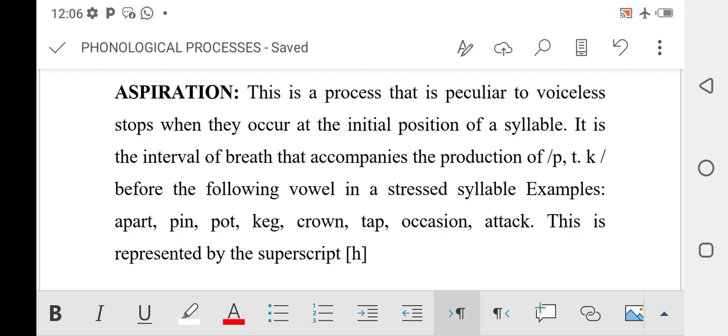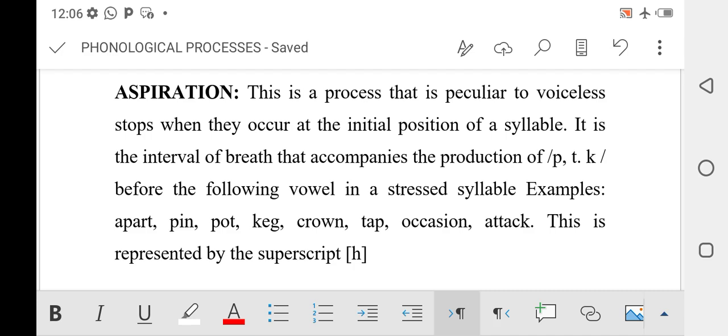For polysyllabic words, one of the syllables is stressed. Now we have occasion, a three-syllable word. In one of these syllables, one is stressed. Attack. When we look at these words, the syllable in the word that is stressed is called the stressed syllable.